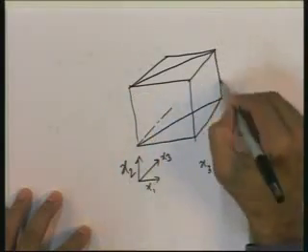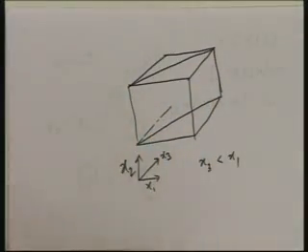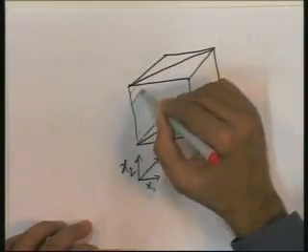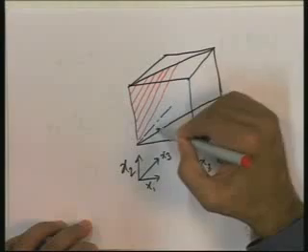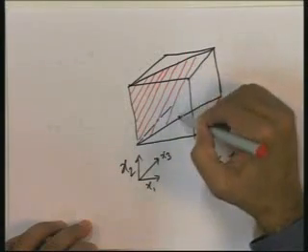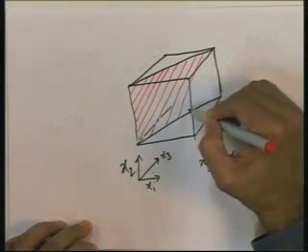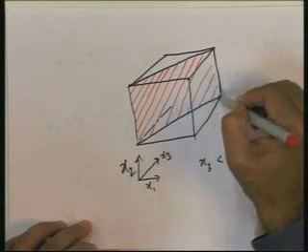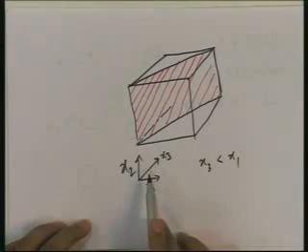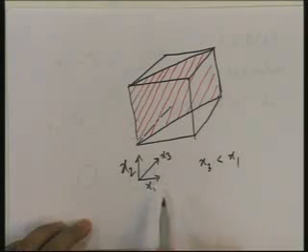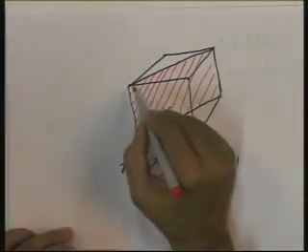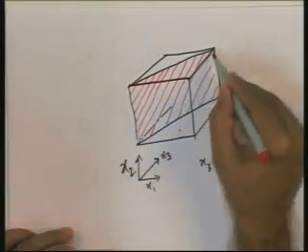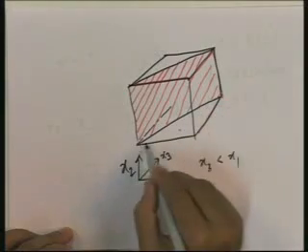So it is this plane. Let me just shade it. It is this slice through the center of that cube. That is where x3 is equal to x1. And if I want x3 to be smaller, which side should I take? I want x1 to be larger and x3 to be smaller. So it is this region, the wedge-shaped region that is facing us.